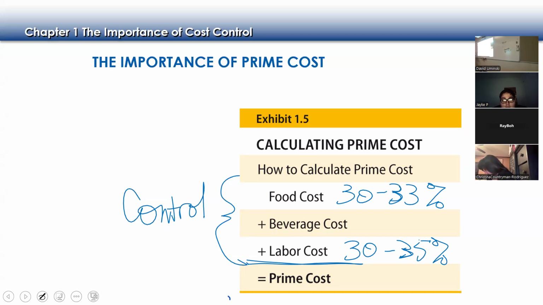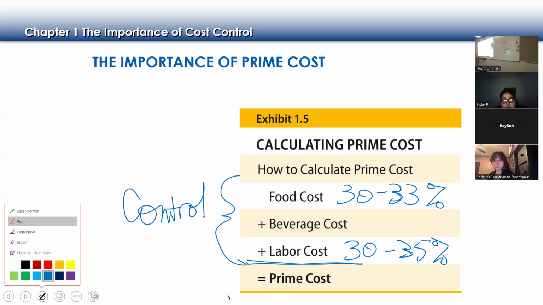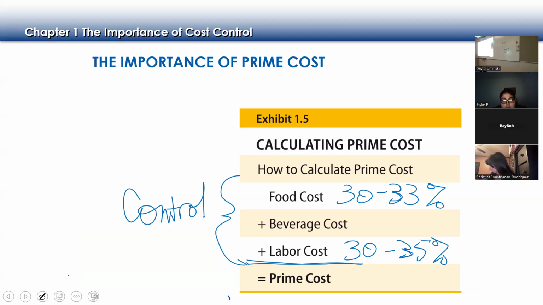So let's take those highest averages. Eduardo, what's the total if we add 33 and 35 together? Close, add one more. 68. Okay. So if we add these two highest numbers together, we get 68%.